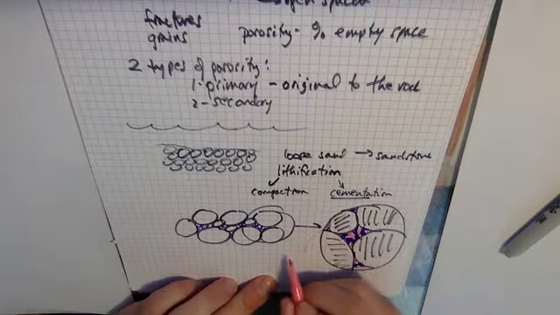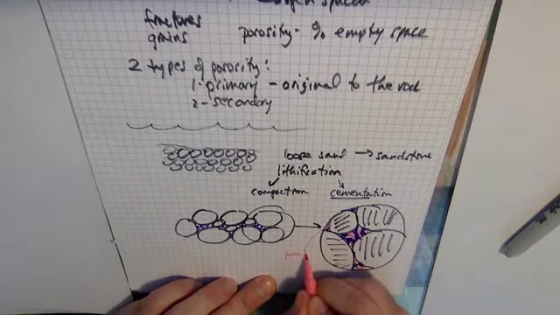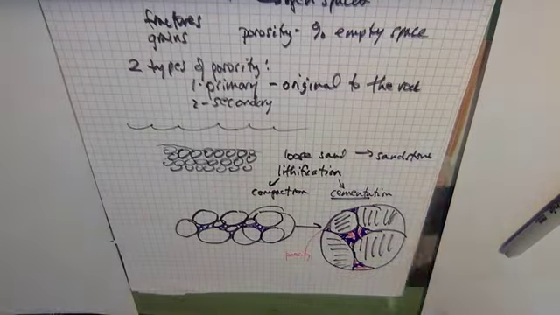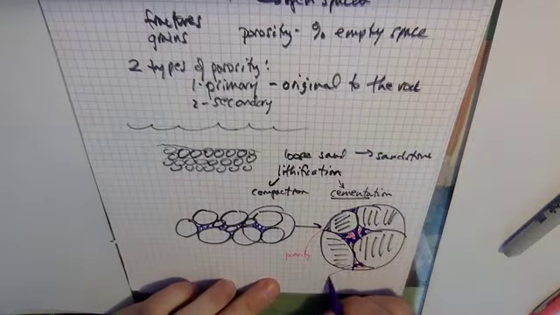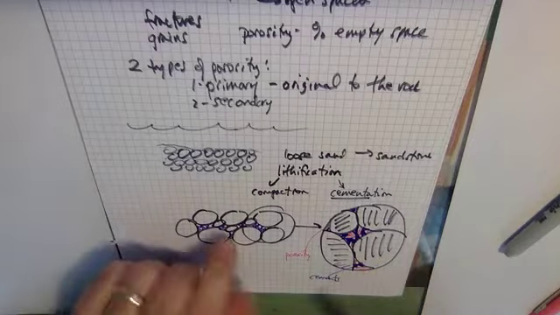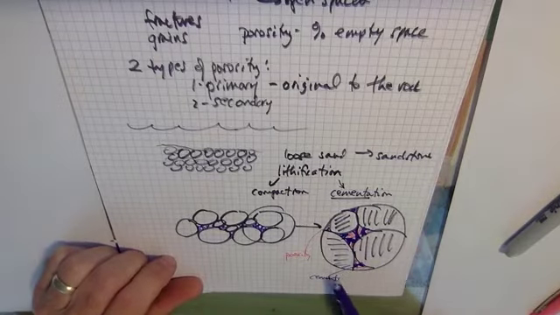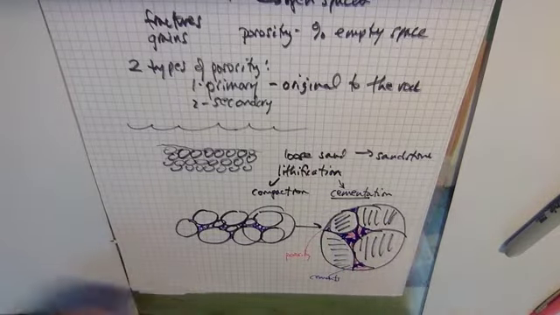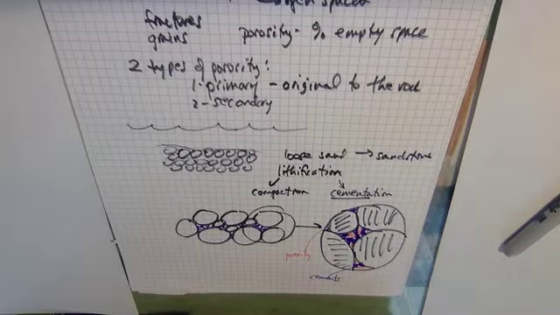So the pink is the porosity, and the purple are the cements. So when this rock forms, it has a certain amount of porosity, and that porosity that exists when these rocks form is referred to as the primary porosity.